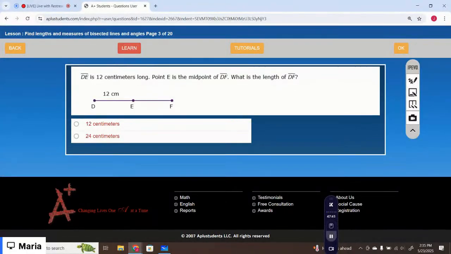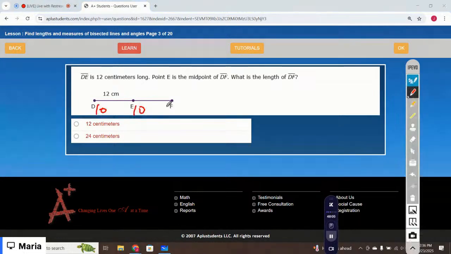DF is 12 centimeters long. Point E is the midpoint of DF. What is the length of DF? So E is the midpoint, right? That means DE and EF measure exactly the same.